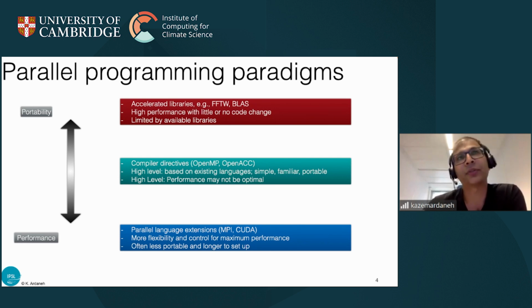Another one, which is more portable and simpler to implement, but has limitations in terms of what we can implement in the code, is using compiler directives, like OpenMP or OpenACC. But there is another method that is more flexible to change the parallelism, but also more portable, using for example MPI or CUDA for doing the CPU and GPU parallelization.